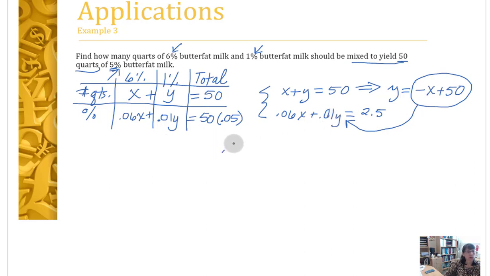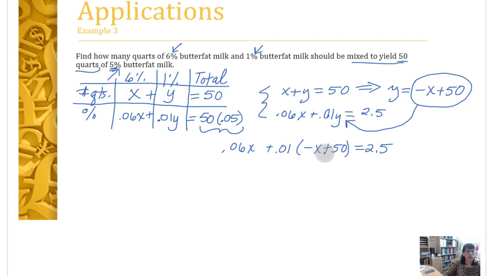With that substitution, 0.06x plus 0.01 times the new value of y, that's our negative x plus 50, equals 2.5. Remember, 2.5 came from multiplying 50 quarts times the 5% mixture.